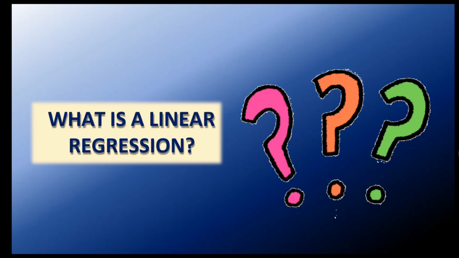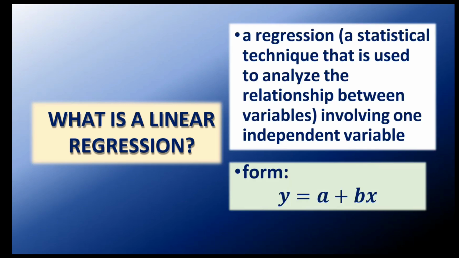What is a linear regression? A linear regression is a statistical technique that is used to analyze the relationship between variables involving one independent variable. So class, if you can remember, when it comes to the correlation, we don't have dependent and independent variable as long as we're just determining the relationship.